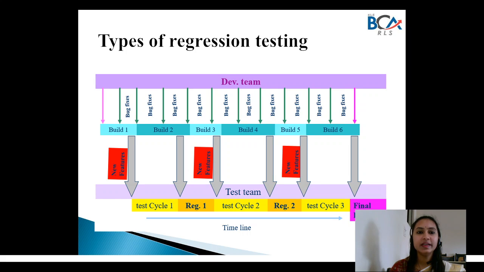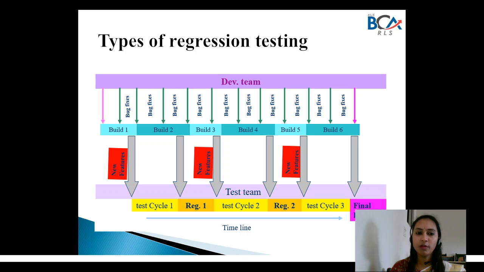Now let us see the types of regression testing. We have seen that the types are regular regression and final regression. The development team will be fixing the bugs and developing the new functionality or new features for the application. The testing team will sit and test those newly developed functionalities or bug fixes, okay?